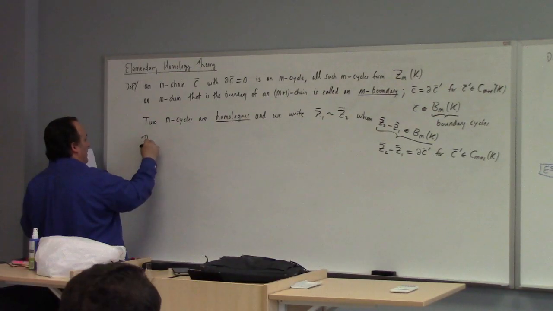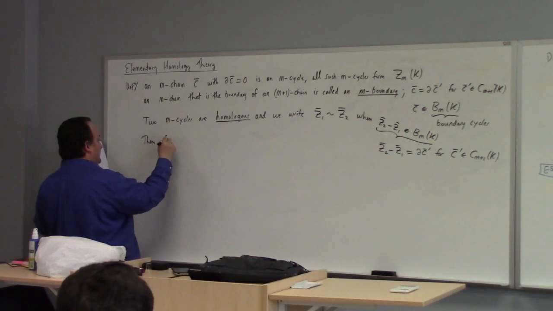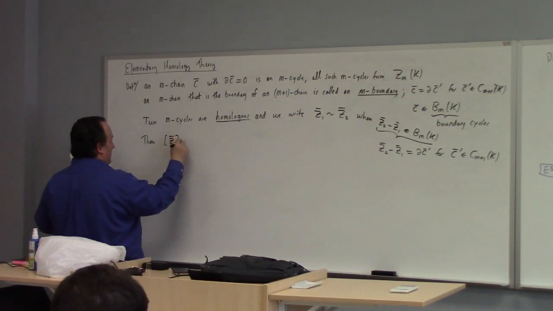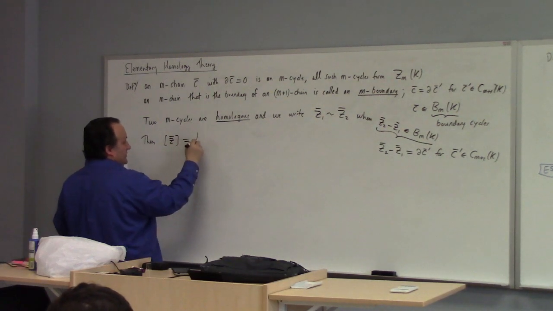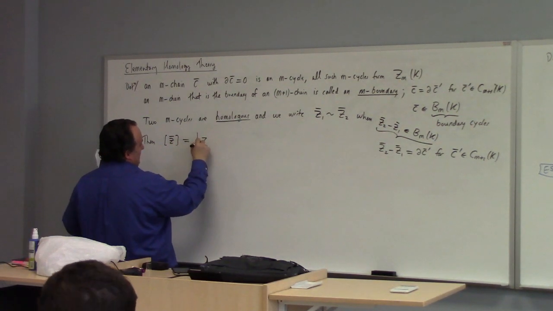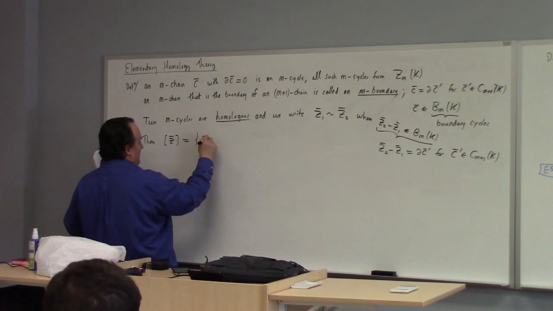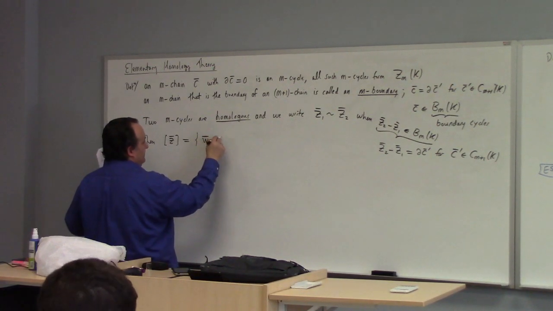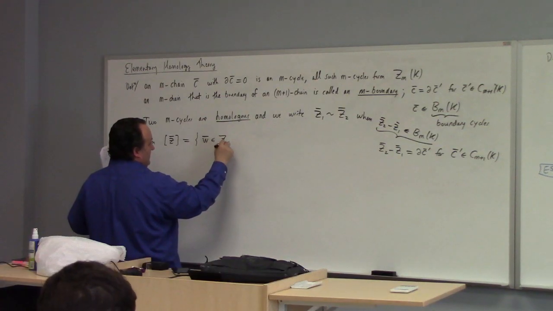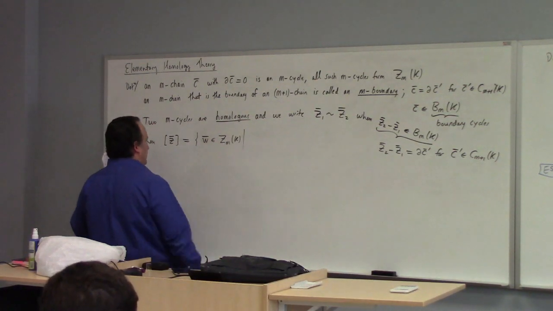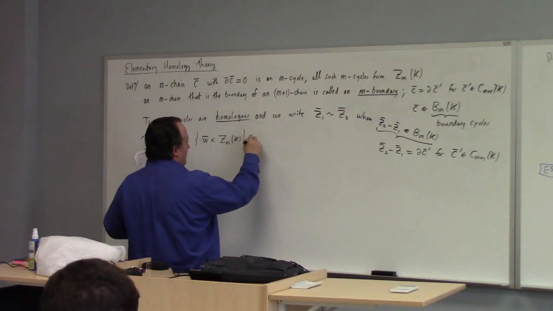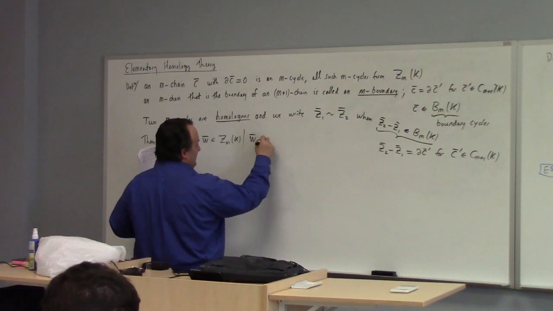Then bracket Z bar is the equivalence class. In other words, let's say W bar in Z_M K such that W bar is homologous to Z bar.